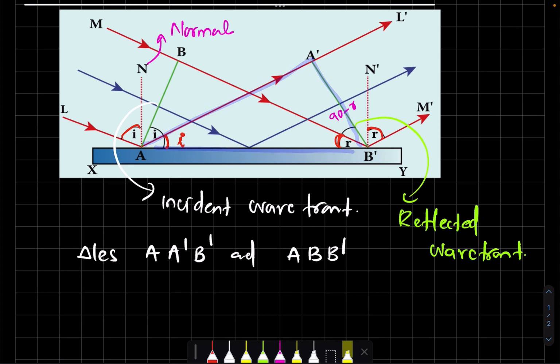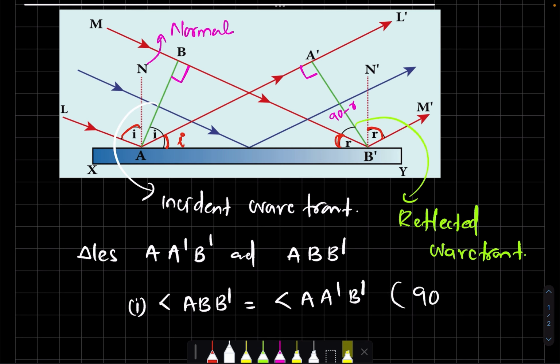Those two triangles we have to analyze. One thing is very clear: from the triangles, this angle and this angle are both equal.